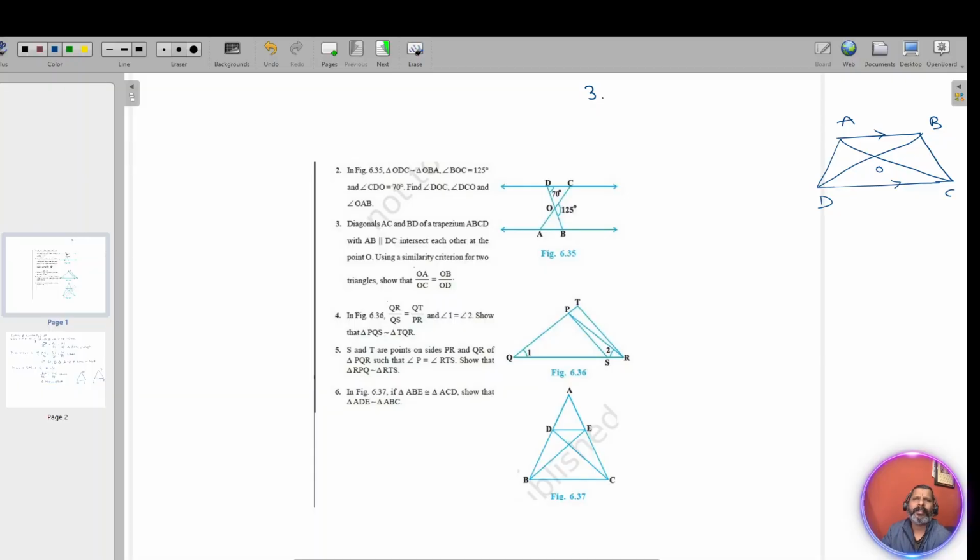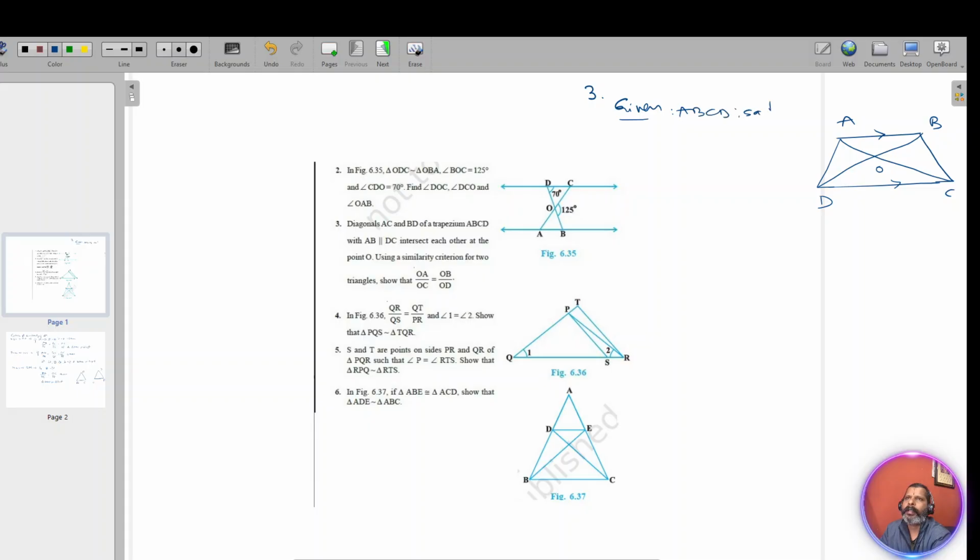Very simple actually. We need either of AA, SAS, SSS. Since it's a trapezium, we can use alternate angles concept and we prove that. Let's see. Given we write first and to prove, like that we'll go. Given, what is given?